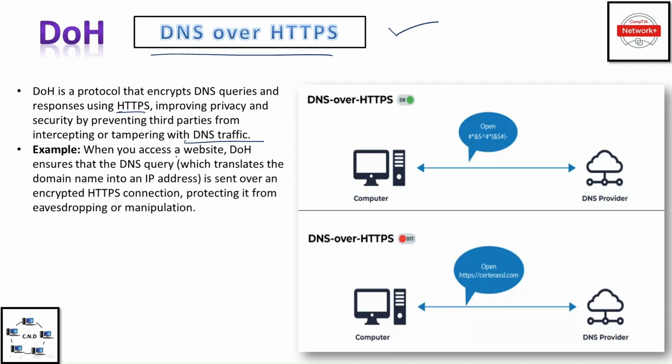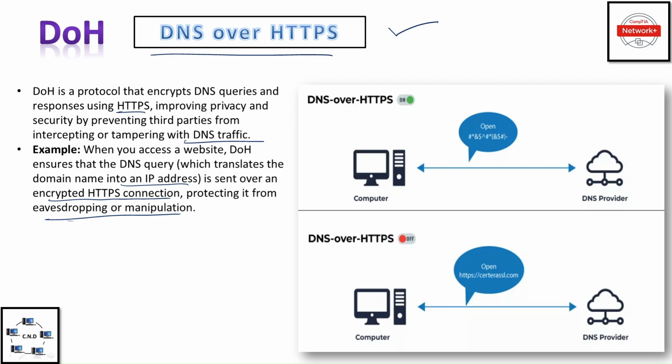For example, when you access a website, DoH ensures that the DNS query, which translates the domain name into an IP address, is sent over an encrypted HTTPS connection, protecting it from eavesdropping or manipulation.